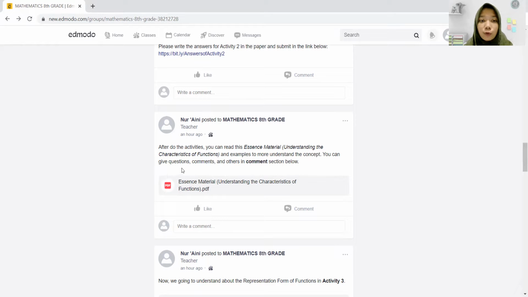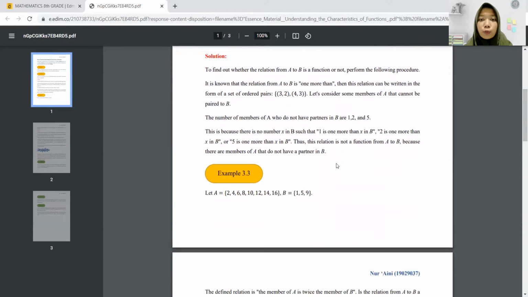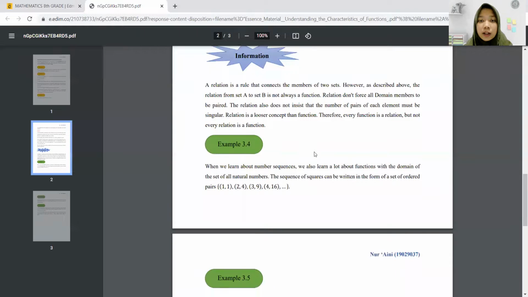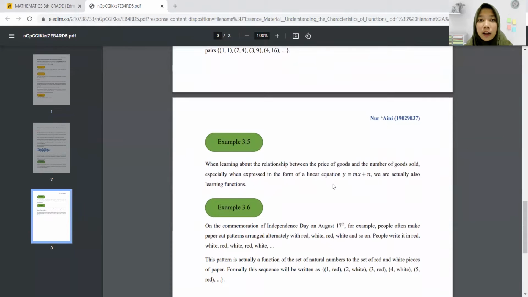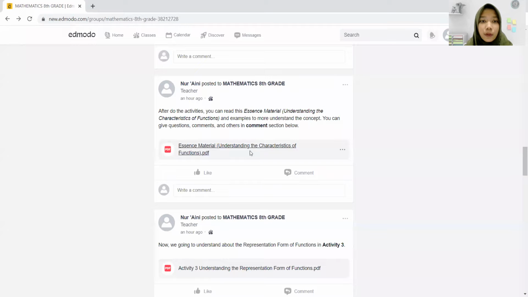You can give questions, comments, and others in comment section below. Students can open this file and students can read to more understand about the material. In this essence material, I give the information and some examples.